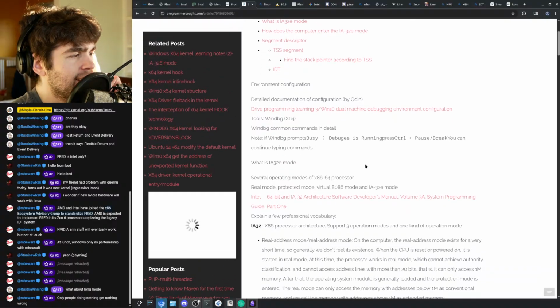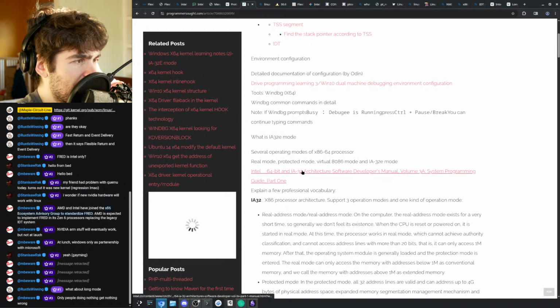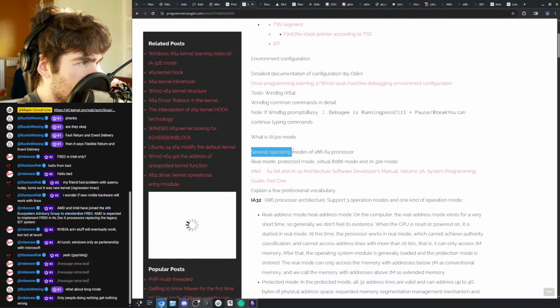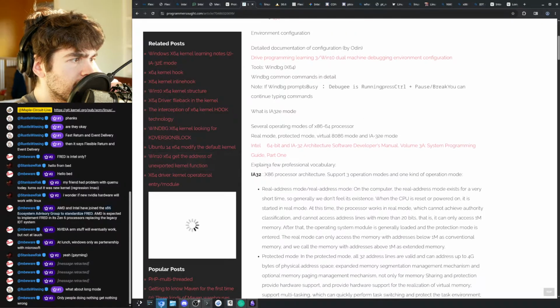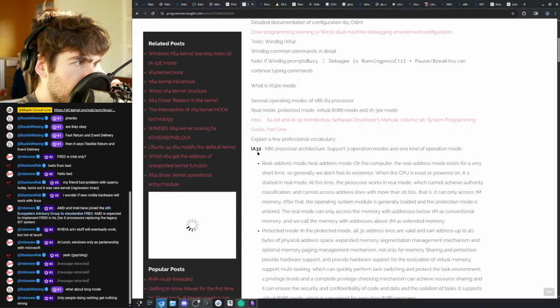Okay, let's reread that and actually understand. What is IA-32E mode? Several operating modes of x86-64 processors: real mode, protected mode, virtual 8086 mode, and IA-32E. Explain a few professional vocabulary.